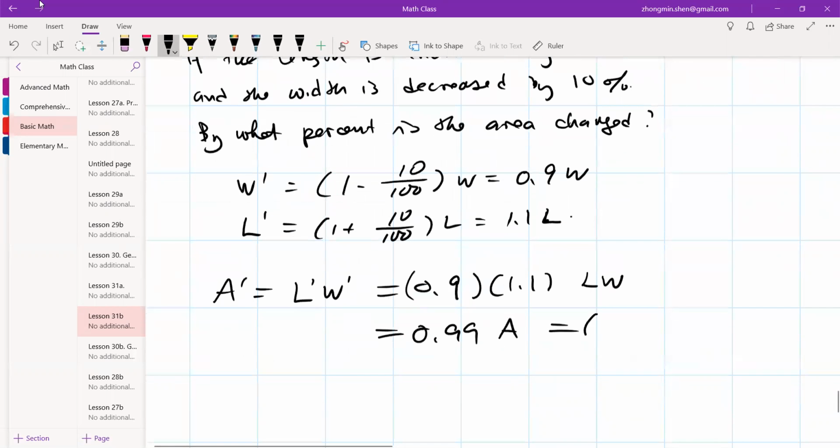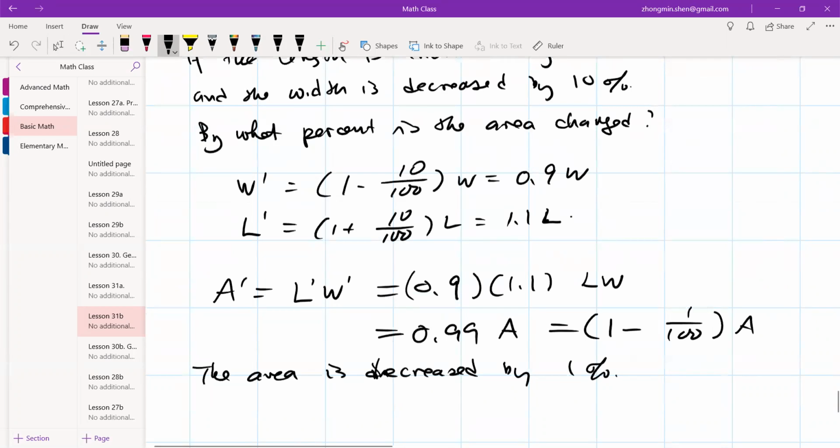Okay, so if we express it in this form, it's going to be 1 minus 1 over 100, 0.99. So it's decreased by 1%. The area is decreased. Okay. So when you change the size of the rectangle, one side increases, one decreases, you always decrease the area. I'm surprised. Okay, but before you do the computation, you don't know that, right?